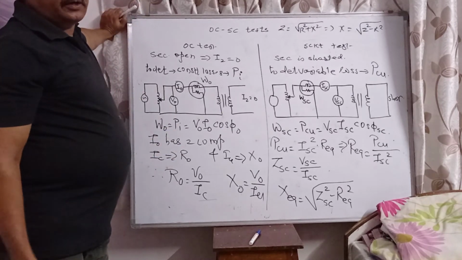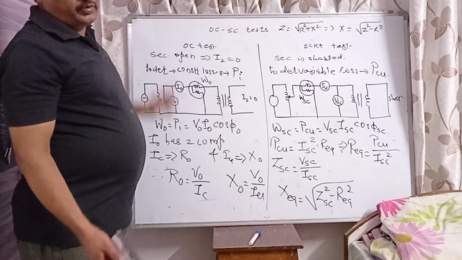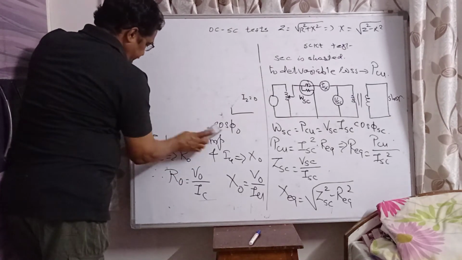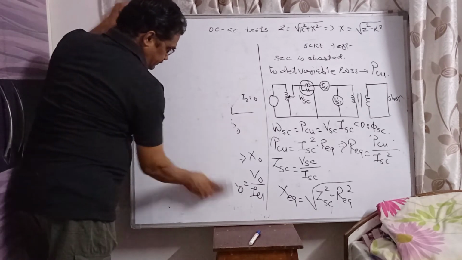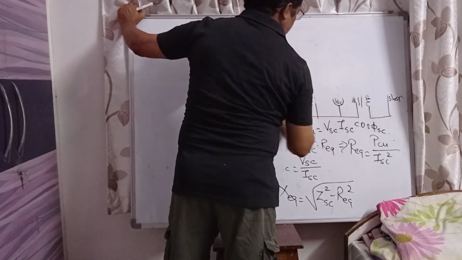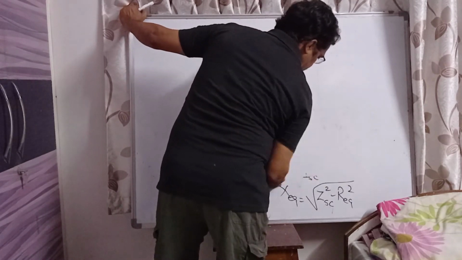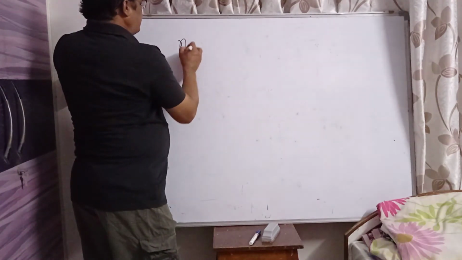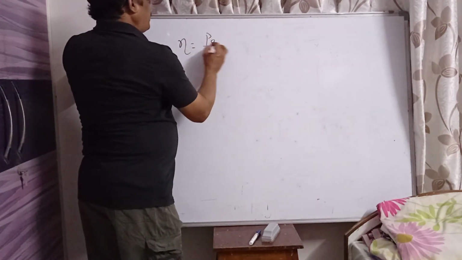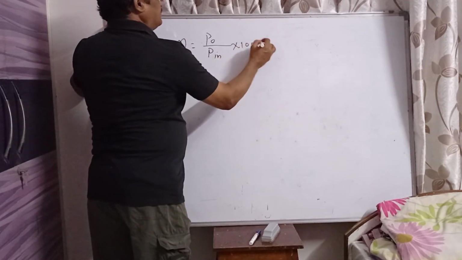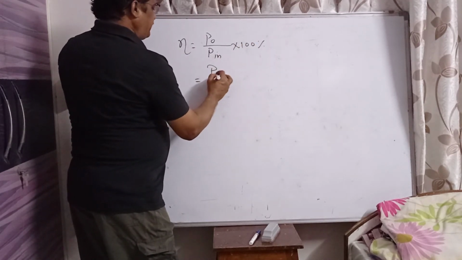Right? So now since losses are calculated, we can determine efficiency. We have already studied that the efficiency of a transformer is output power upon input power into 100%. This we have studied in the previous article.